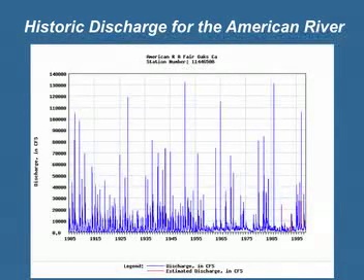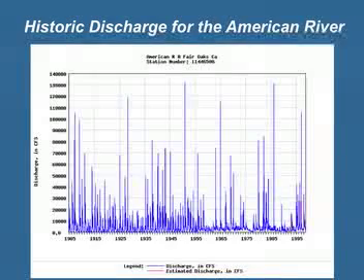And the sad thing is, it could happen again, and don't complain when they let a lot of water out of Folsom Lake before the rainy season, because that's the only thing that saved Folsom Dam and saved all those people downstream, including Sac State, and the whole campus would have been underwater.